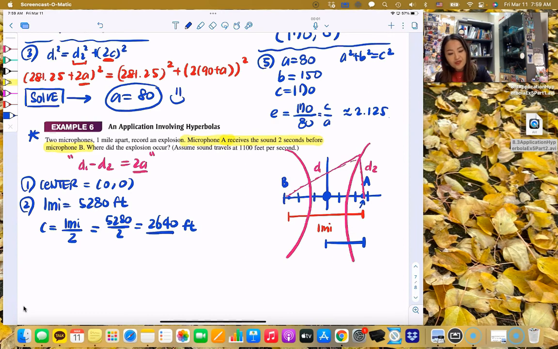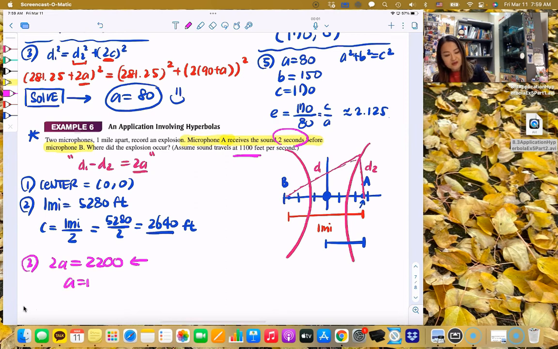The third thing we can establish is that 2A is equal to 2200. We can assume that because of this fact here: this microphone heard it 2 seconds before microphone B. I want you to think about why this is true for the sound. 2A is 2200 feet because it's 2 seconds, and 1 second is 1100 feet, so that's why it's 2200.